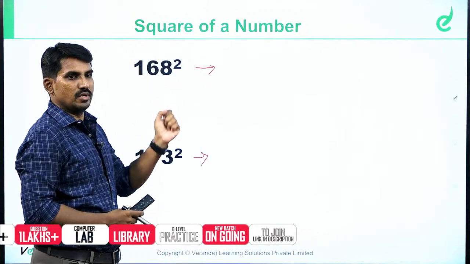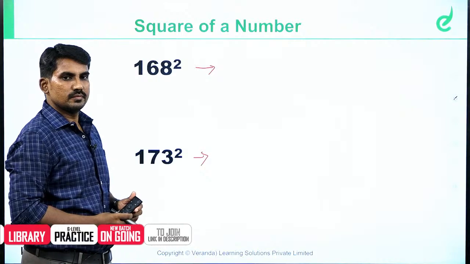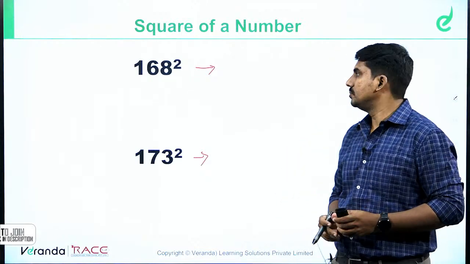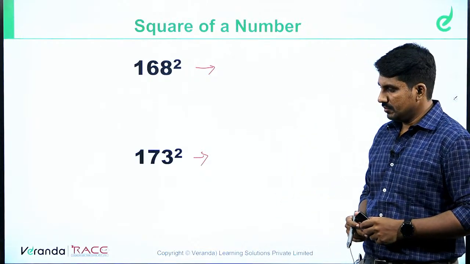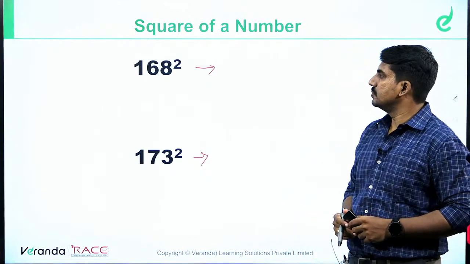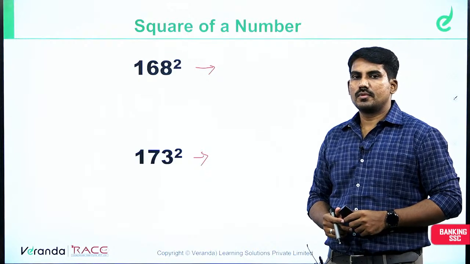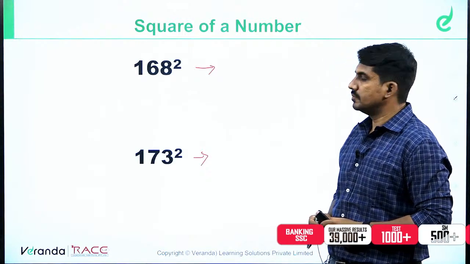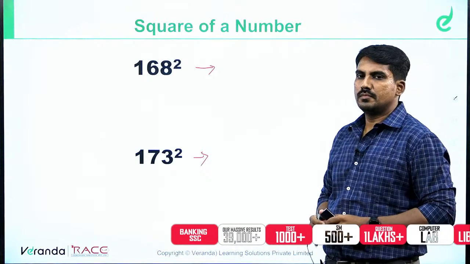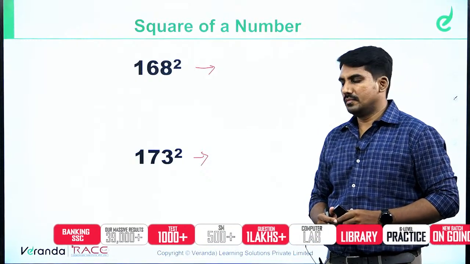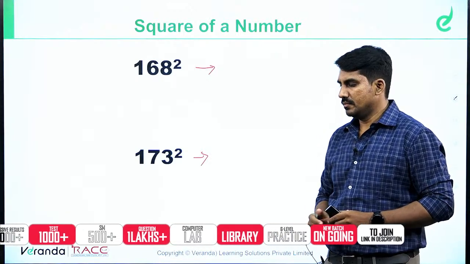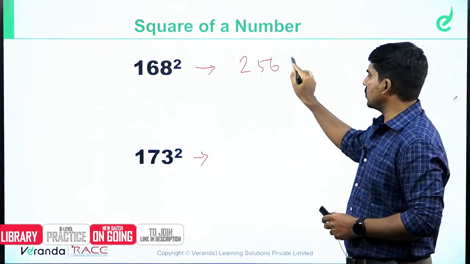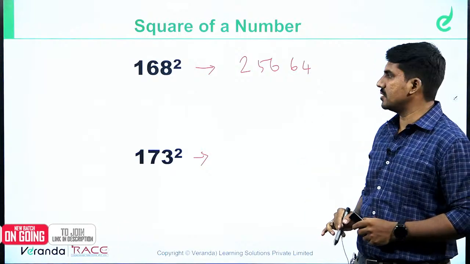168 square. 16 square is 256. 8 square is 64.